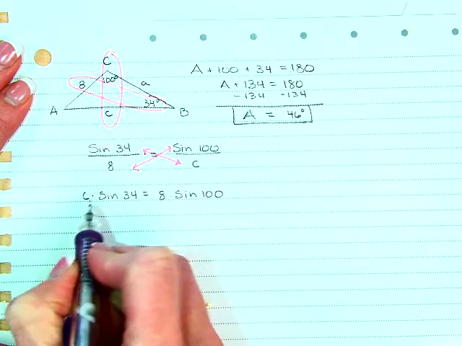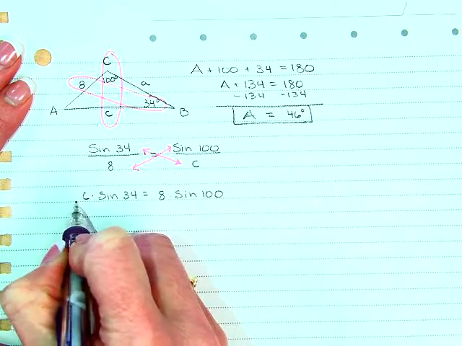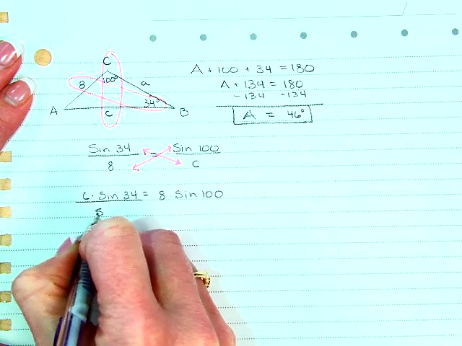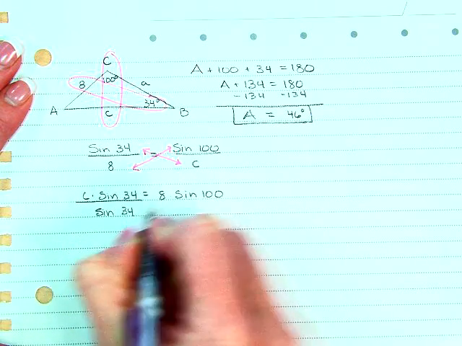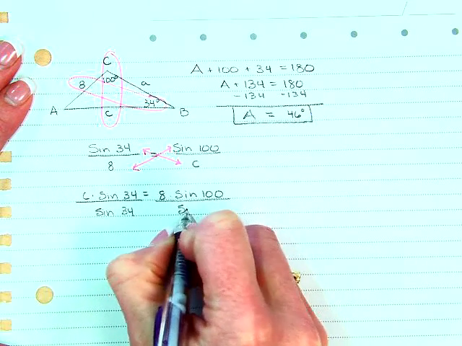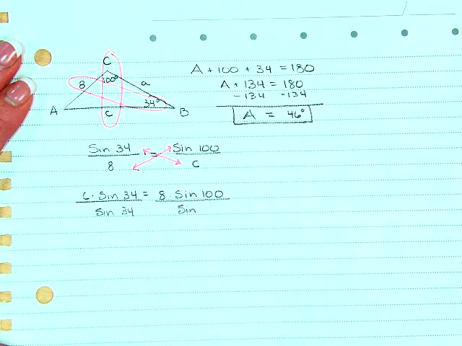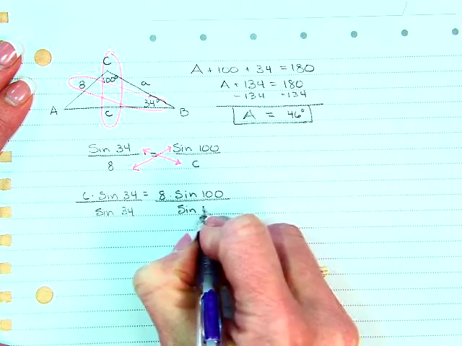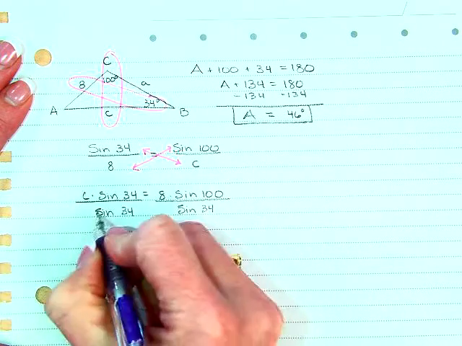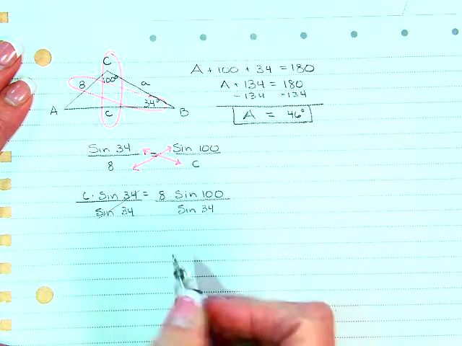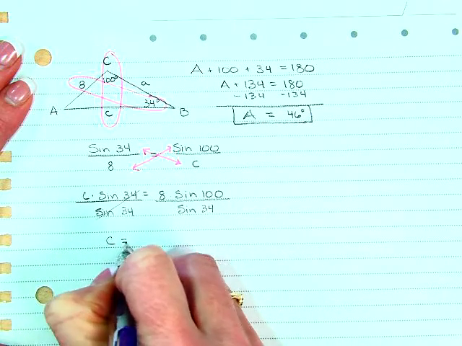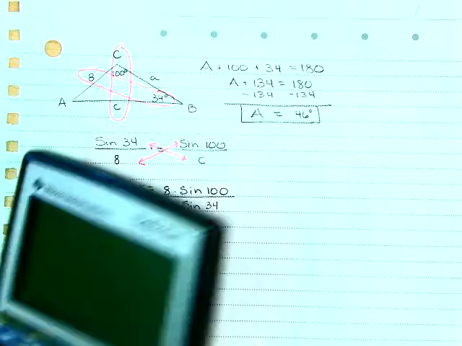In essence, what I have to do is divide this side by the sine of 34. I'm not even going to go to my calculator until I get this set up. So sine 34 cancels sine 34, and we're left with c equals, and then I'm going to grab my calculator.